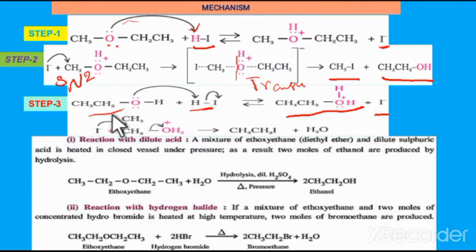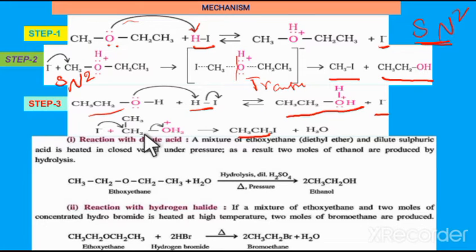The iodide ion again attacks the carbon, losing a water molecule, and we obtain the alkyl iodide. So this is the three-step mechanism, following the SN2 pathway.